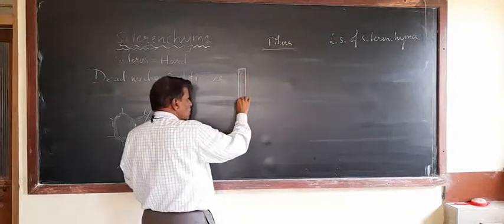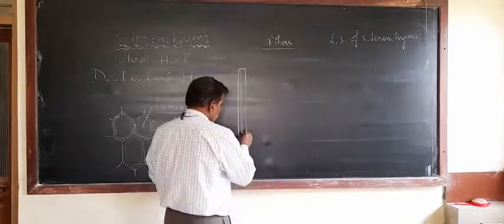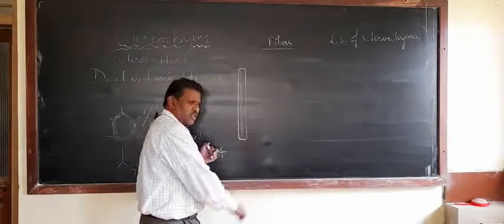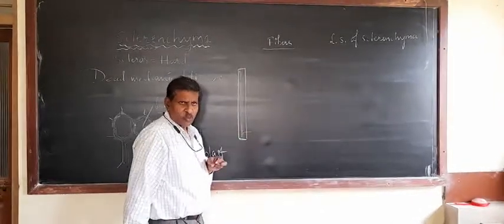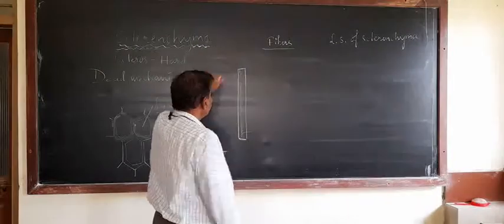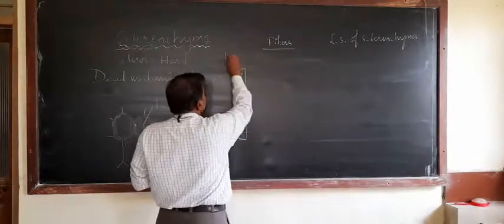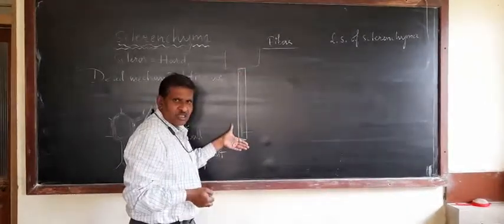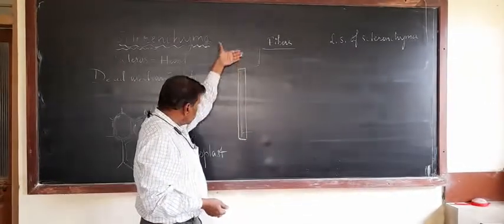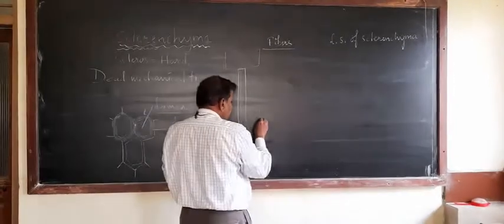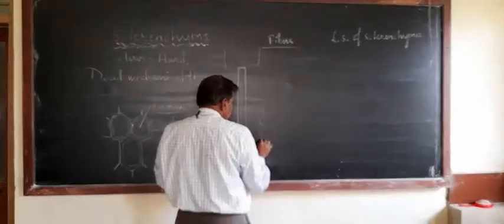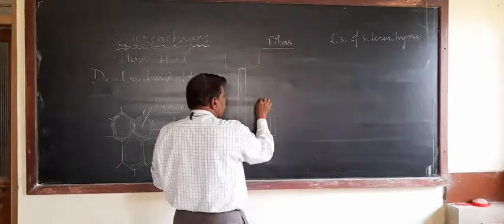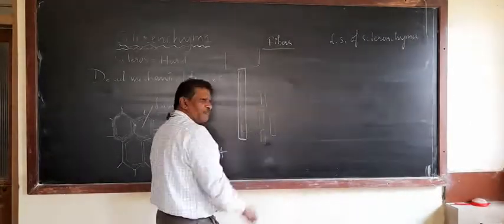This is supposed to be the Sclerenchyma. I want to look into the structure of the Sclerenchyma. That's why I am going to cut this stem along the longitudinal axis like this. When I cut this stem in the longitudinal axis, I get thin slices of the stem cut in the longitudinal plane.